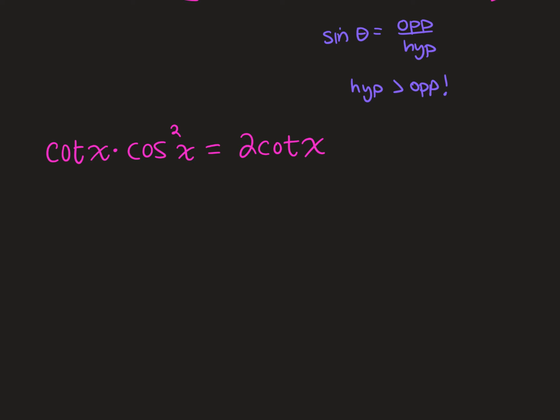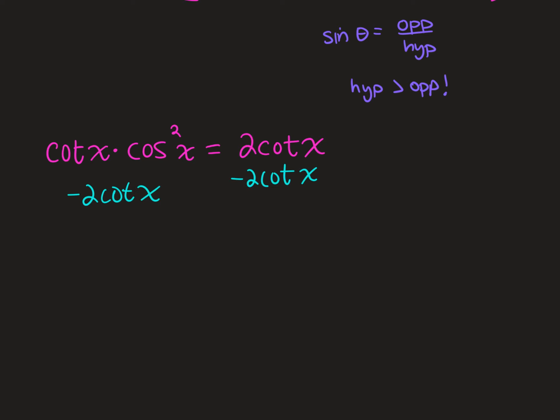Just like in the previous example, I want to try to get all of my trig functions on the same side. It's most of the time going to be a good first step. So how could I get all of my trig functions on the same side? What should I do? Minus 2 cotangent of x. Good. Let's subtract 2 cotangent of x.